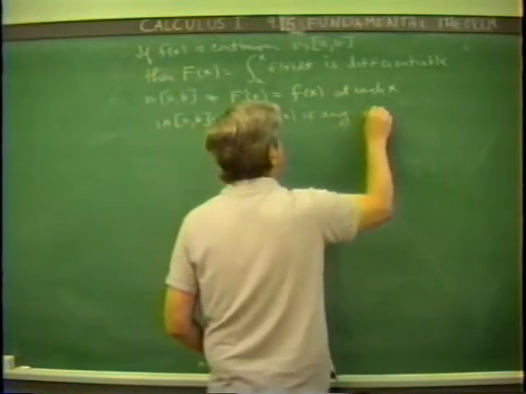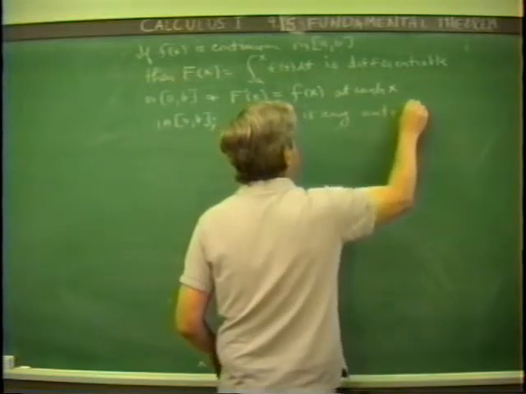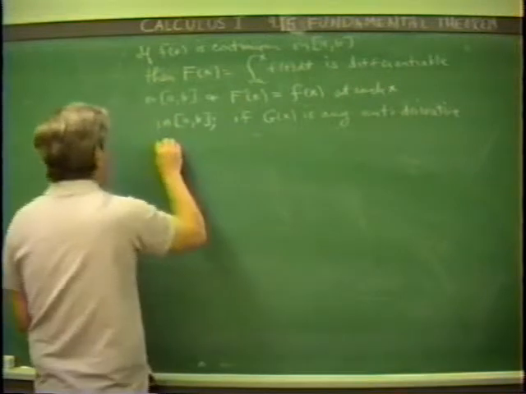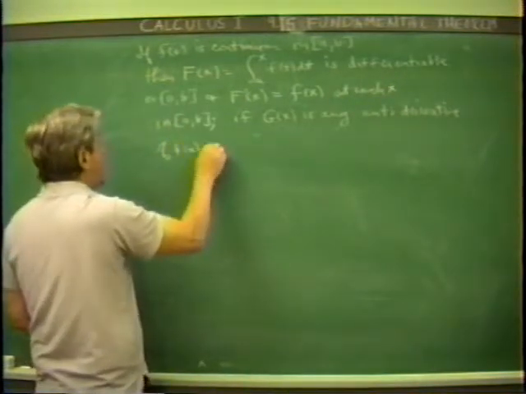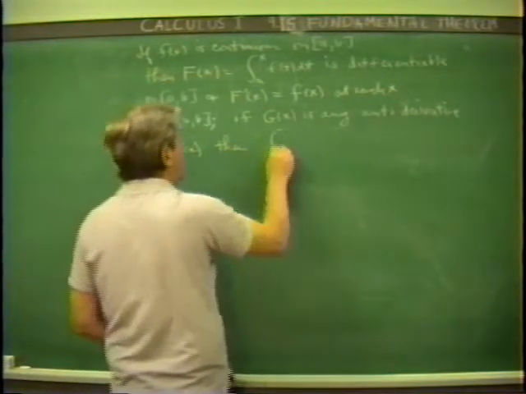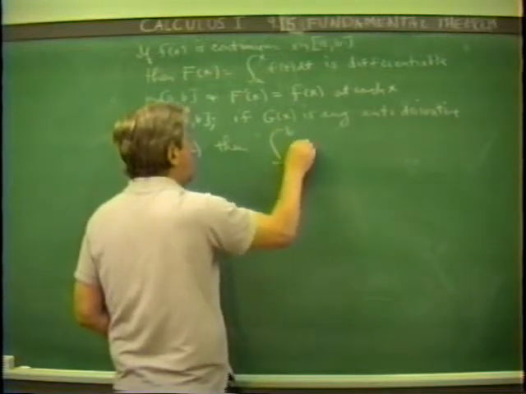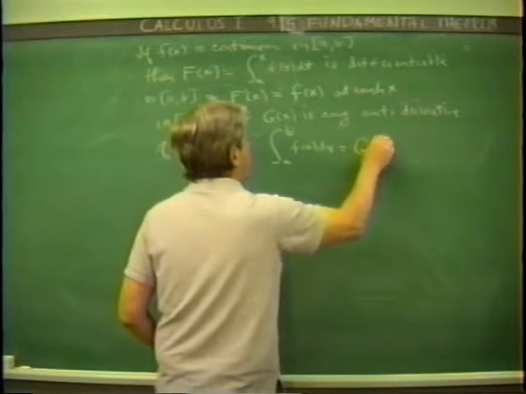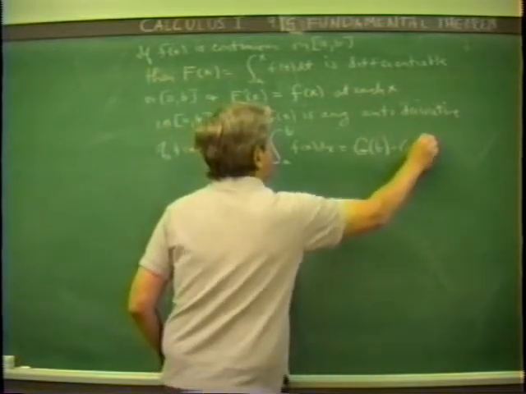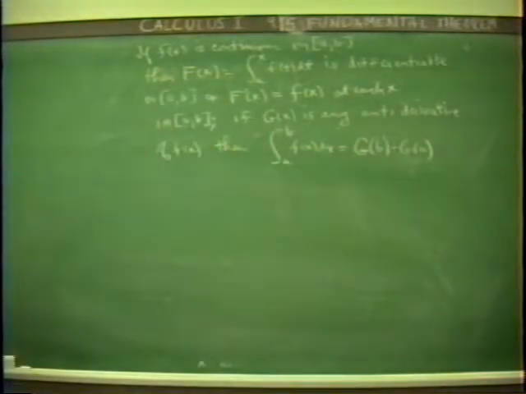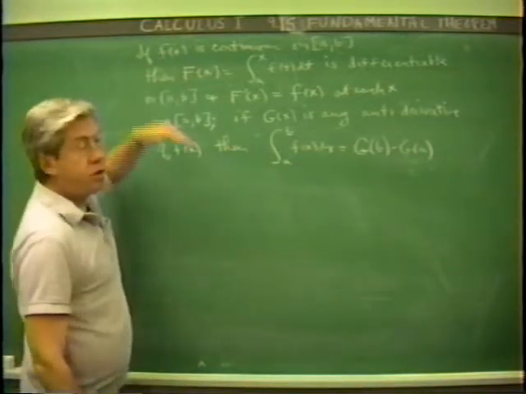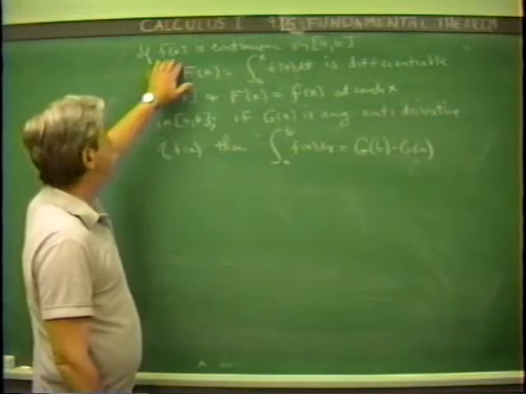Now, moreover, if g of x is any antiderivative of little f of x, then the integral from a to b of f of x with respect to x is g of b minus the value of g at a.